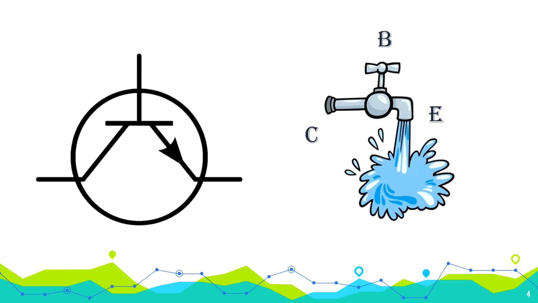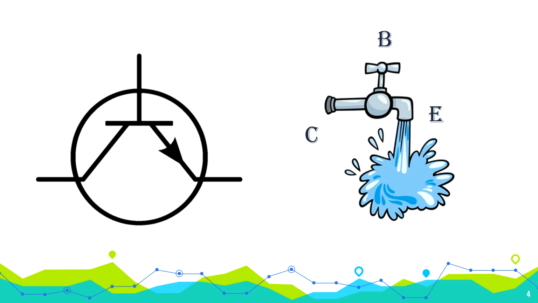This can be understood with an example of a water tap. In the picture shown, we can imagine a BJT, an NPN transistor, as a tap. The upper terminal is called the base, which controls the flow of water. The flow of water terminal is called the emitter and the control terminal is called the collector.